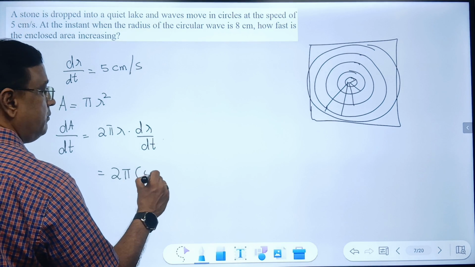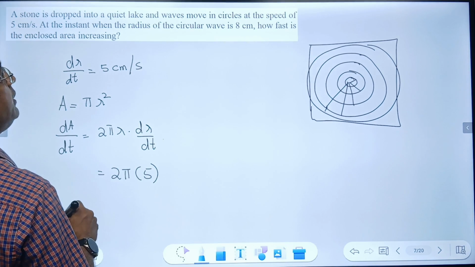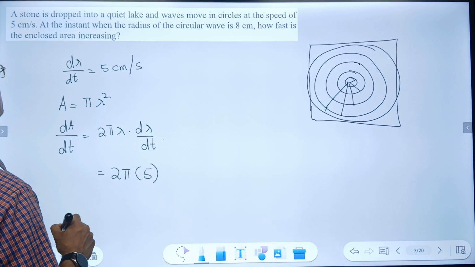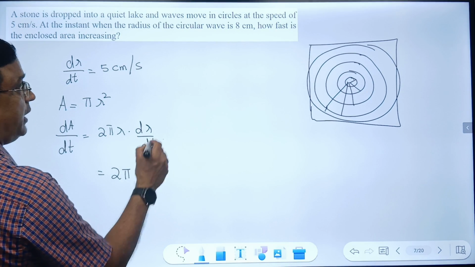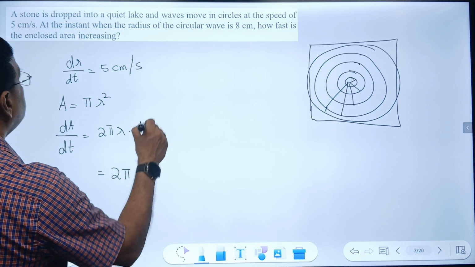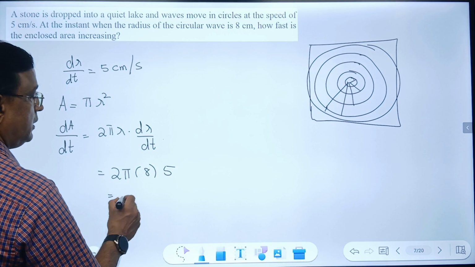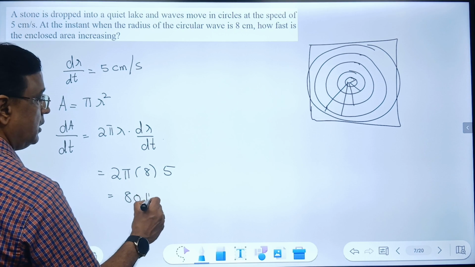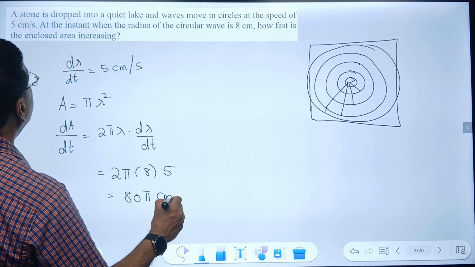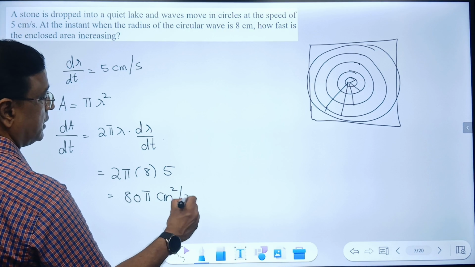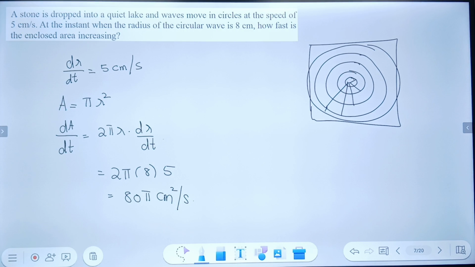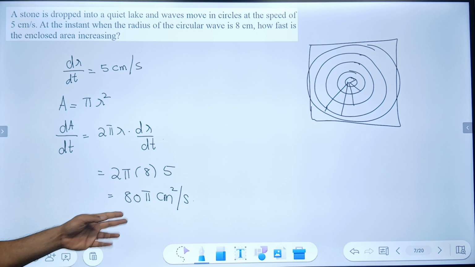R is 8. And dr by dt will be 5. So it is 80 pi centimeter square per second.